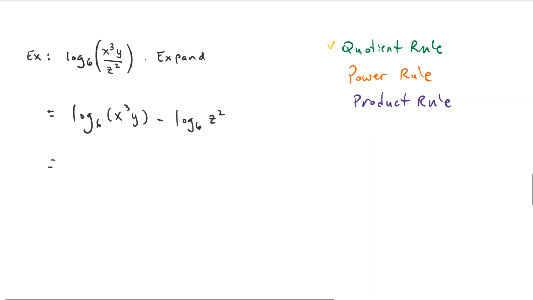So we have log base 6 of the first term, x cubed, plus log base 6 of the second term, minus log base 6 of z squared. So this first term then became these 2 terms using the product rule.